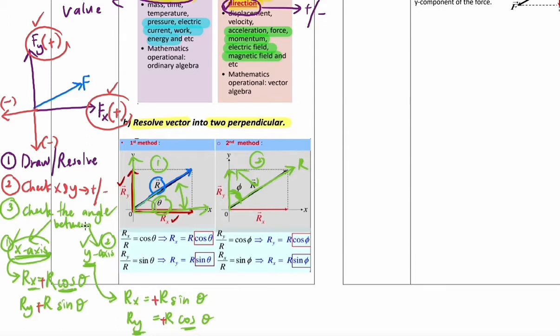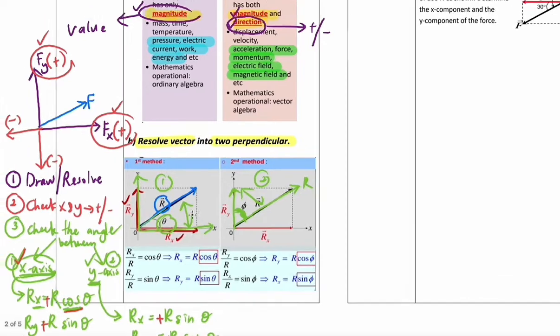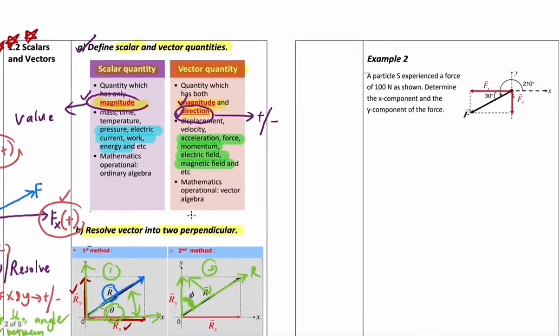And then you have to check the angle, sama ada the angle dikepit oleh the vector and the x-axis, or the vector and the y-axis. Kalau angle dikepit oleh x-axis, then x akan jadi cos, the other one akan jadi sin lah. Kalau dikepit oleh y dengan the vector, y akan jadi cos and x akan jadi sin. Okay, that's a summary of it.